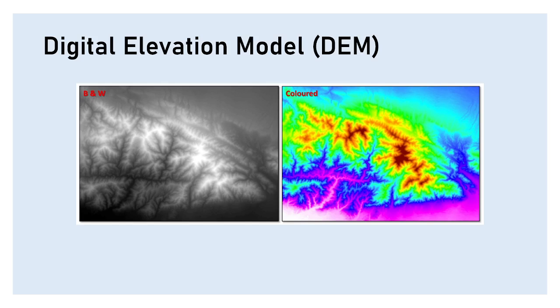Similarly in the case of the colored one, you are assigning those values and thereby are able to understand what this image is trying to tell you. So the reason sir showed this image is to tell you that be it black and white or colored, that doesn't matter, but the cell values matter.